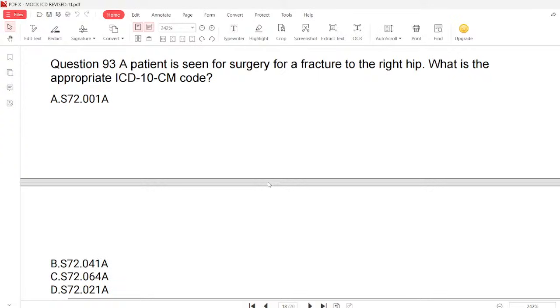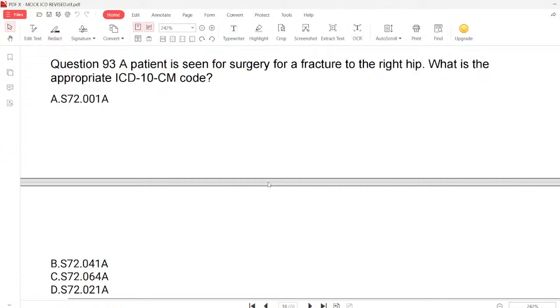Actually, the code S72.041 is for displaced fracture of the base of the neck of the right femur. Check the code, guys. Hip bone is mentioned.